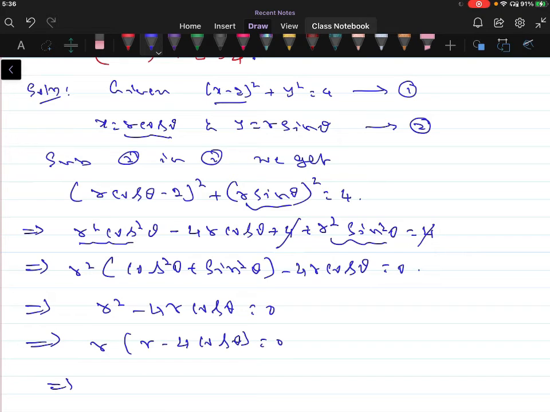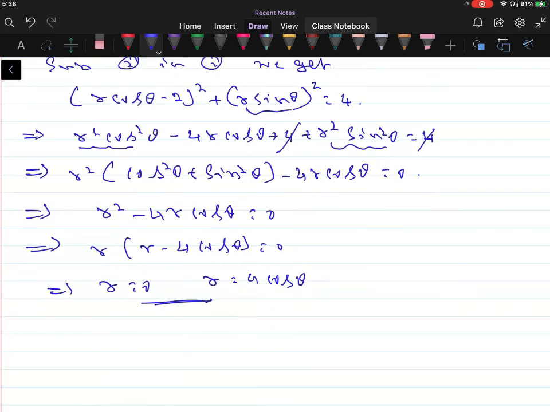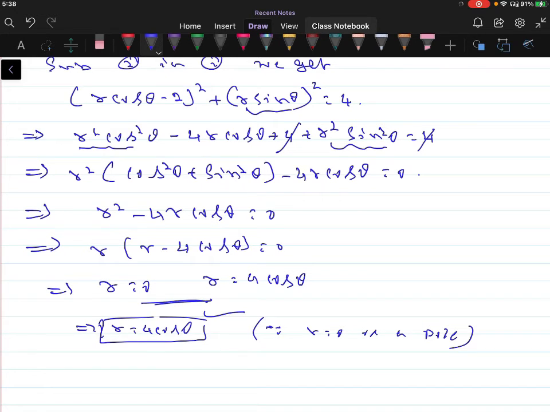So either r = 0 or r = 4 cos θ. Since the graph of r = 0 is just the pole, therefore r = 4 cos θ is the required polar curve.